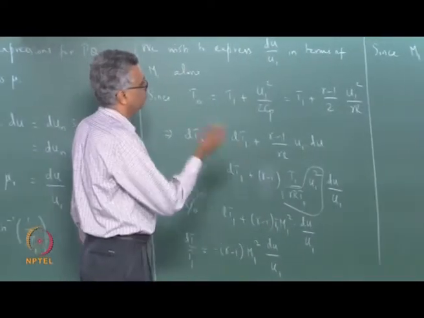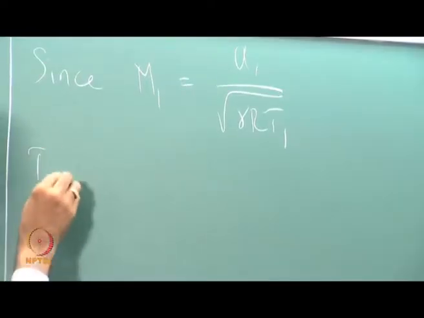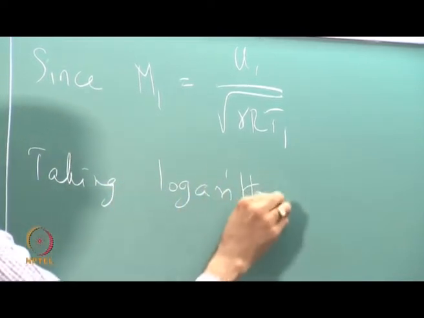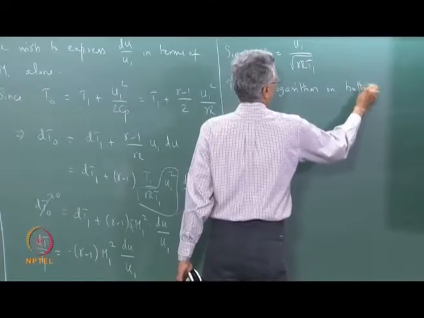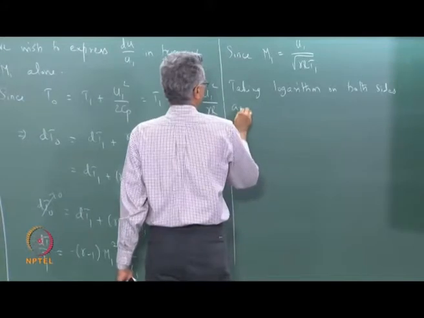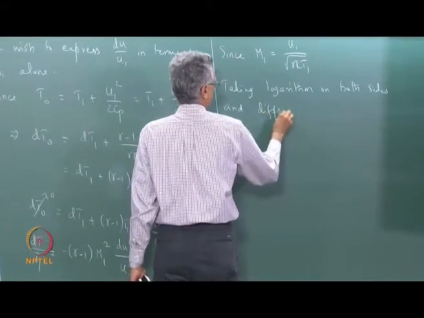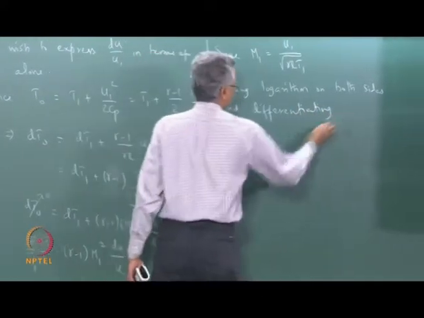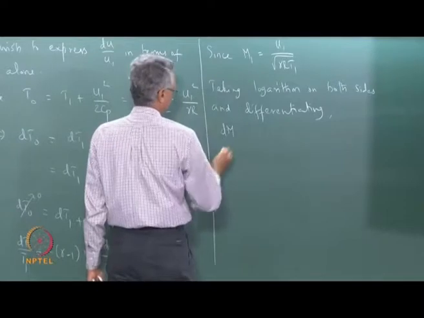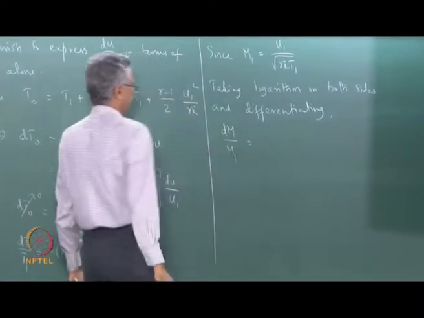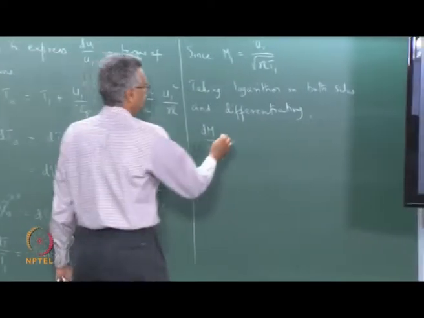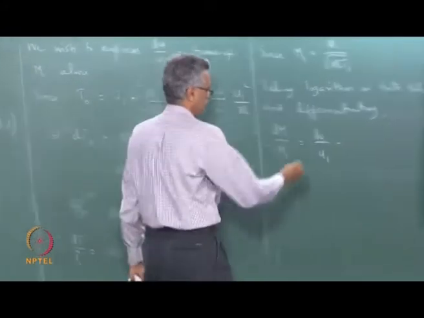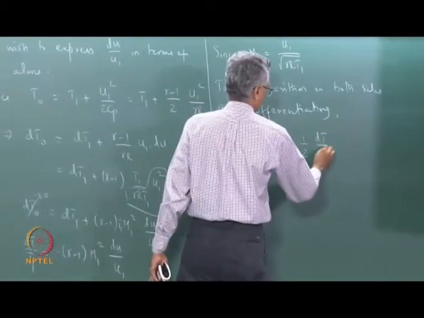If you take the logarithm of both sides and differentiate, we get dM, or let me write it as dM itself, dM over M1 is equal to du over u1 minus 1/2 dT over T1.